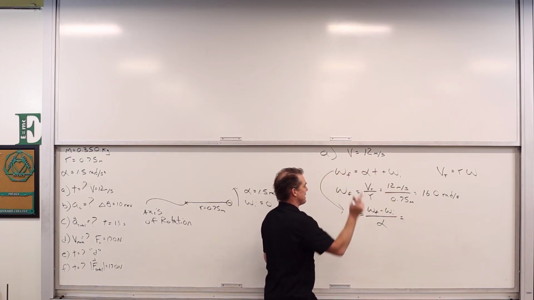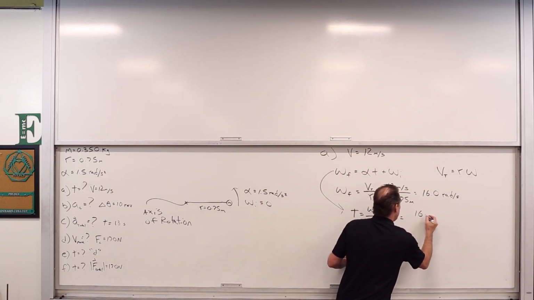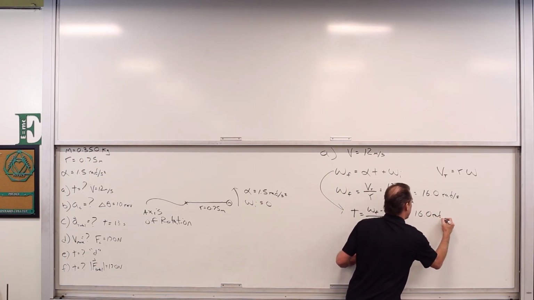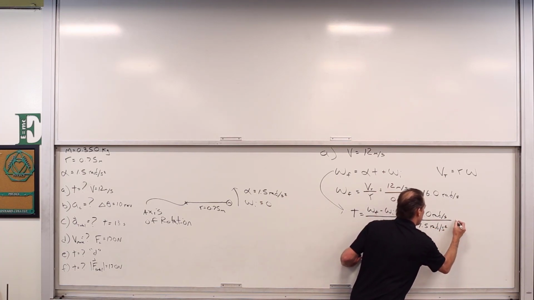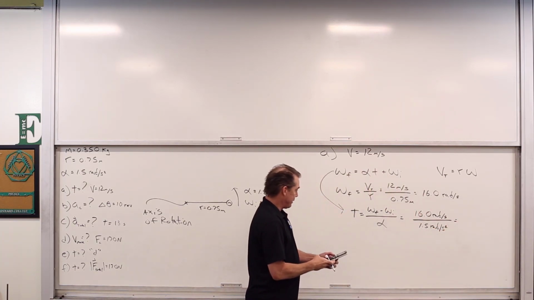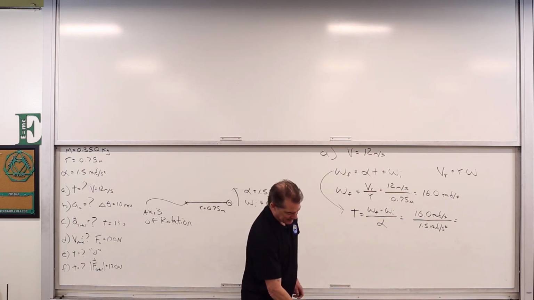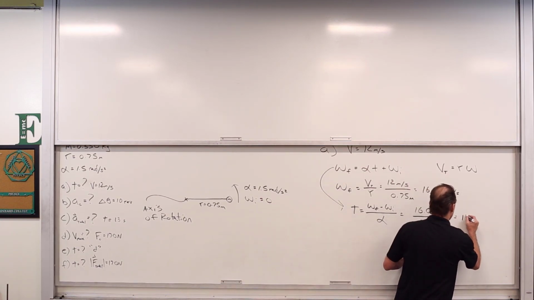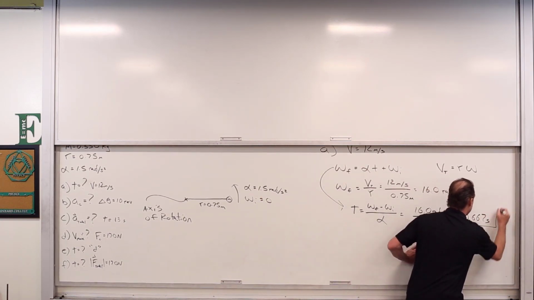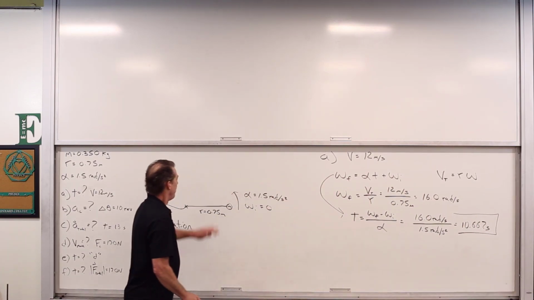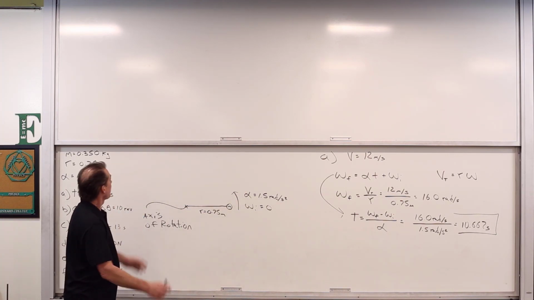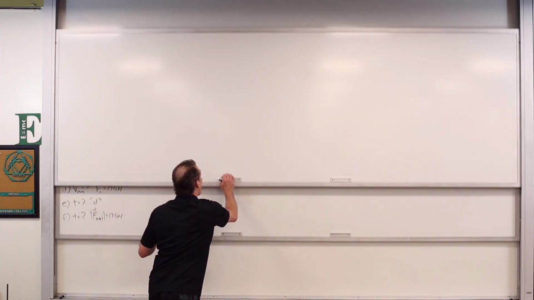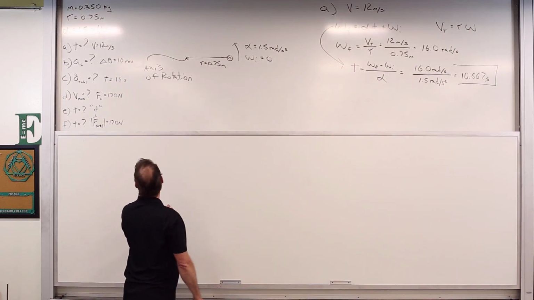Omega initial is equal to 0, so we are just left with 16.0 radians per second divided by 1.5 radians per second squared, which gives us a grand total of 10.667 seconds. 10.667 seconds is the time at which this little mass will be moving at 12 meters per second. All right, that was fancy. Let us continue onward and see what else we can figure out regarding the system.